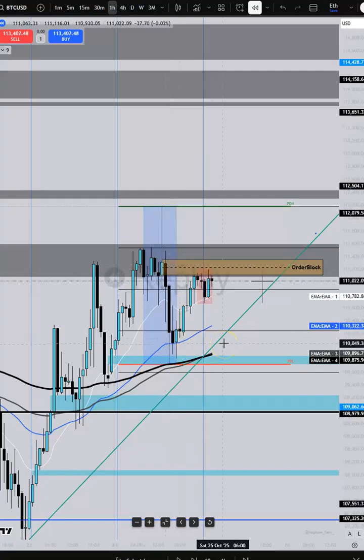And the third condition, which is one of the most important, we don't take Asian or London order blocks. The solid order block is an order block made during the US session. As you can see here, this is GMT time 14. So this is from 14 to 15 hours GMT time, which is the US Open.